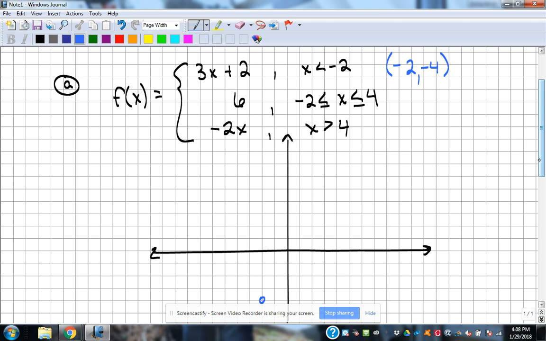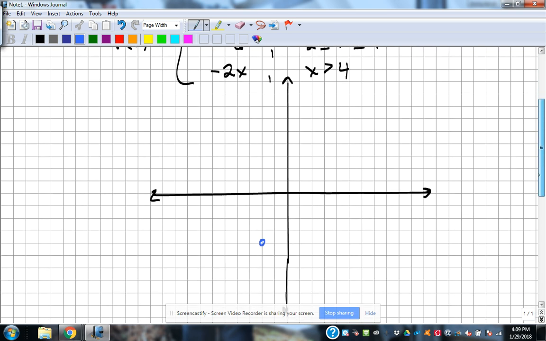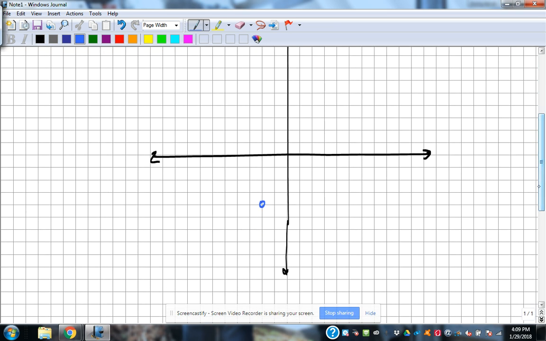And then I know that all the other x's for that particular part of the function are less than -2. So I know that that's going to go toward the left on my graph. I happen to know that that's a linear function with a slope of 3. So I could follow that pattern, go down 3, left 1, down 3, left 1, and I get that graph.